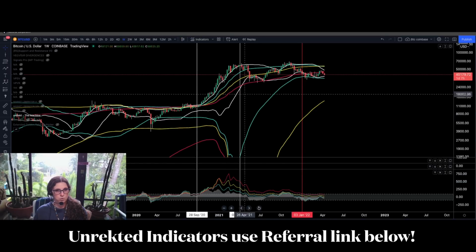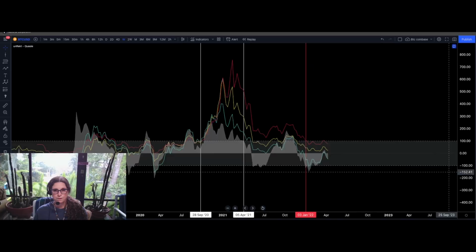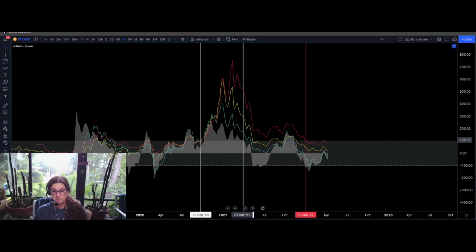On April 5th, white came back into the cage. Blue, yellow, and red were still out, but white came in. This means that price can now come inside the white Bollinger Band.